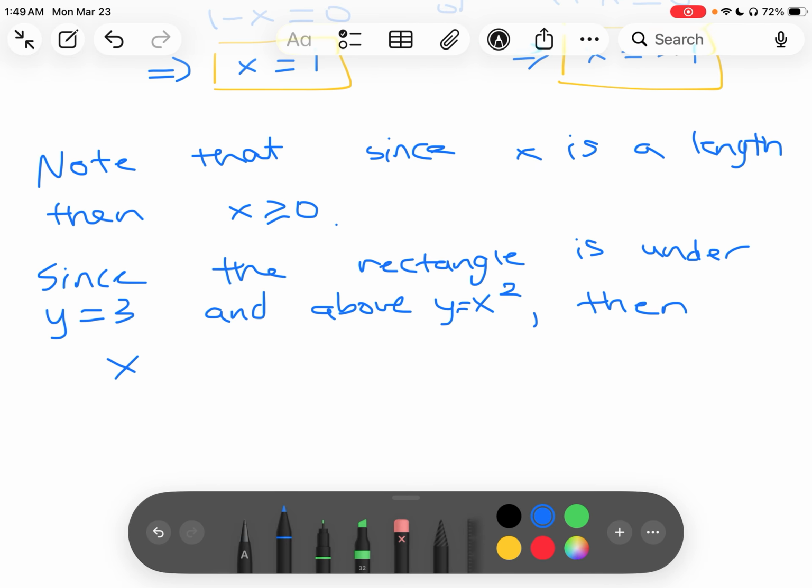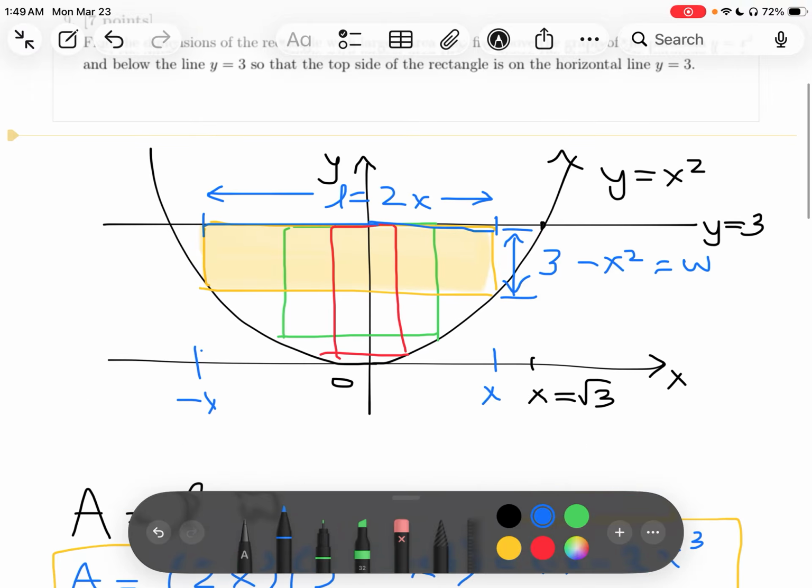Well, x has to be less than or equal to root 3, right? Because if it's somewhere out here, it won't be within that parabola. So it has to be less than root 3.